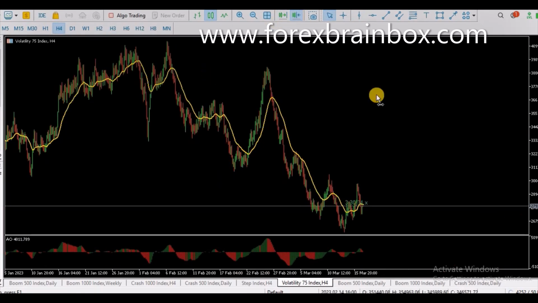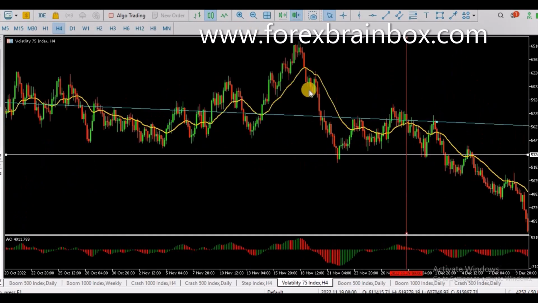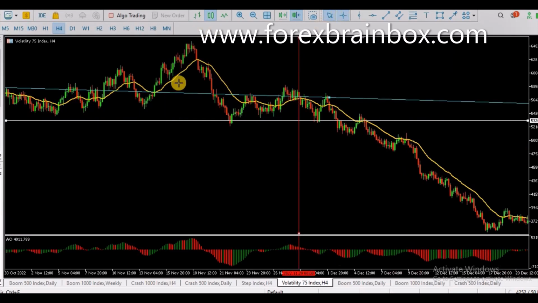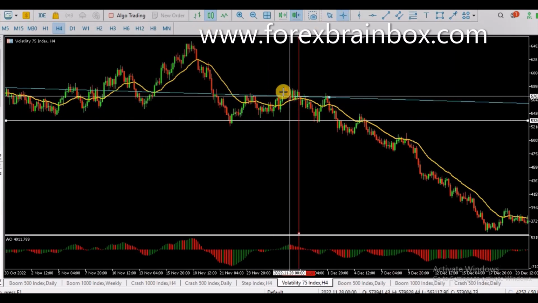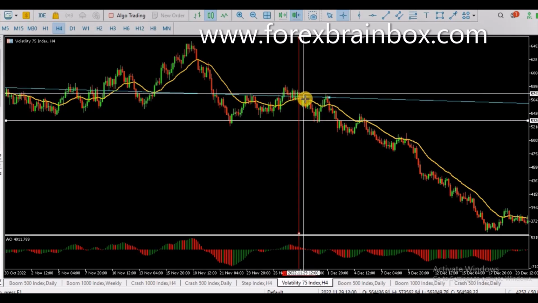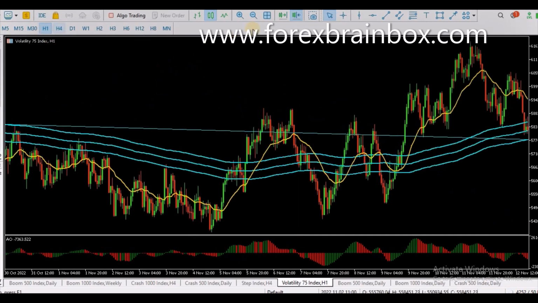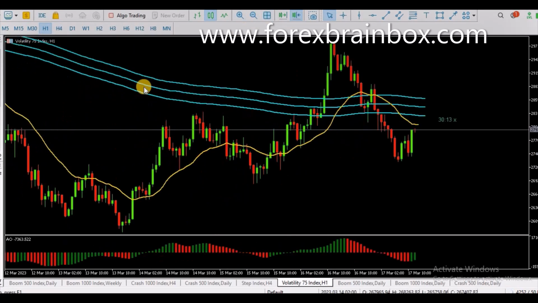So guys, you can see the head and shoulders pattern for our sell side. After the break, at the formation of the second shoulder, you can decide to place your sell as it's falling below the 51.